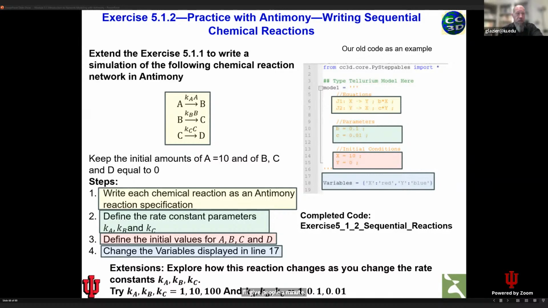Because you're not running that many steps, instead of hitting run at all, you may just step, step, step through it. The key thing here is to familiarize yourself with how to write these simple rate laws. Are there any questions about this little exercise?